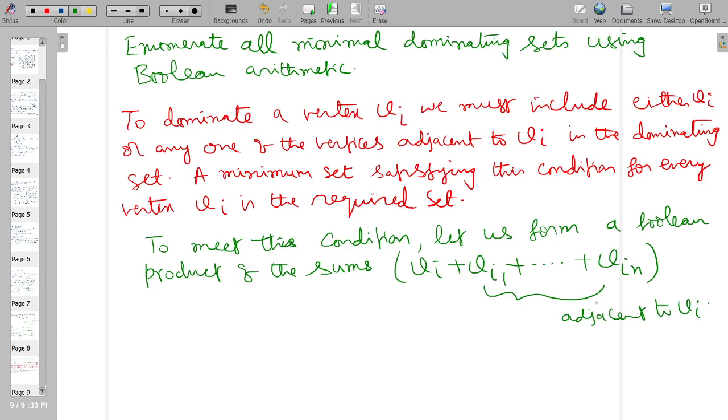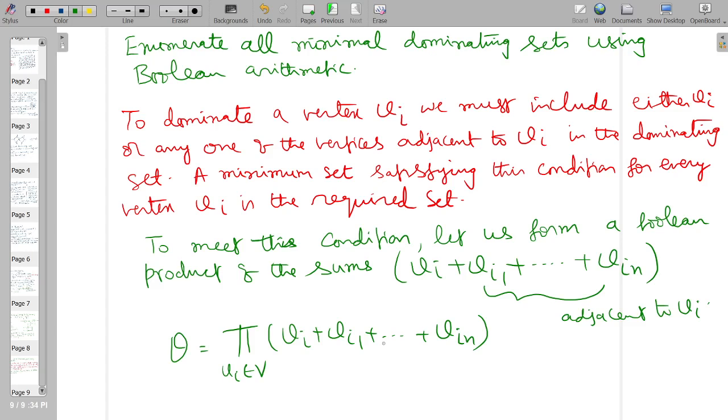So this will be for a particular vertex vi. Now for the entire structure I will have the product of vi plus vi1 plus so on plus vin, where vi belongs to V. So this will be the entire structure.